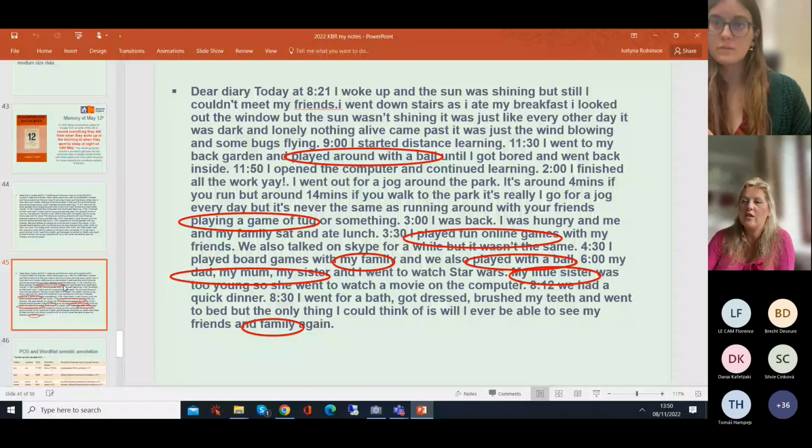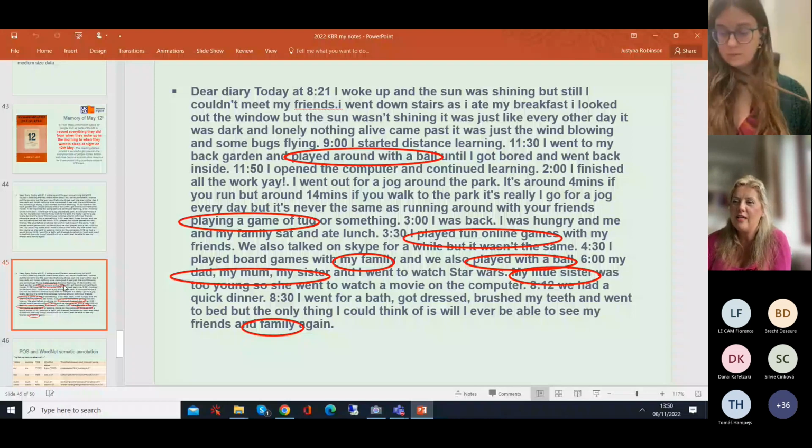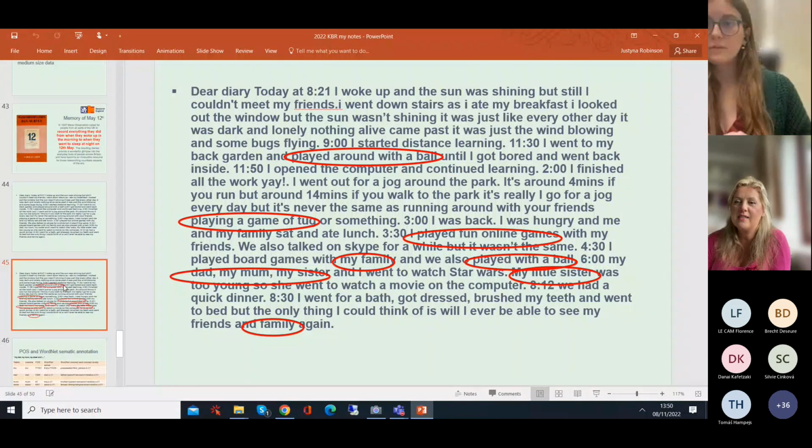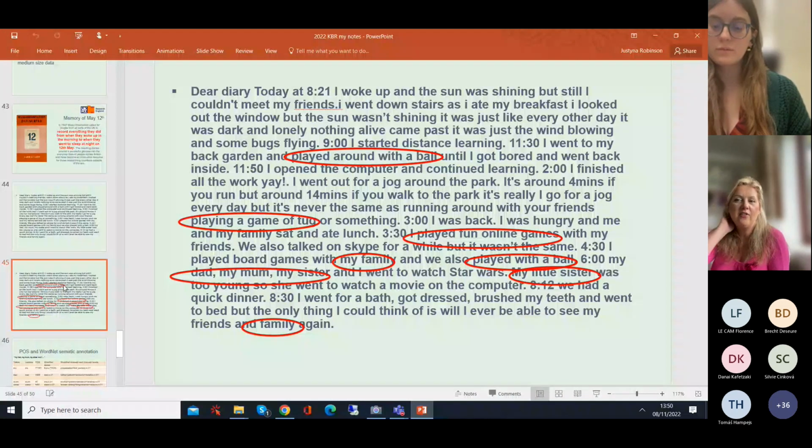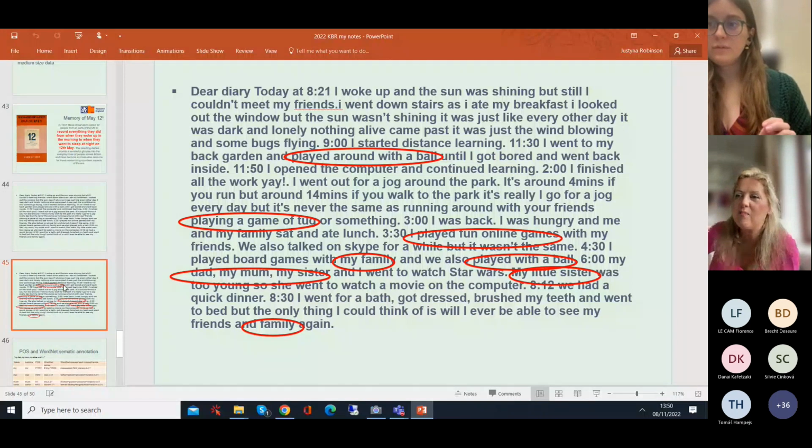So that person is talking about family members, which at the higher conceptual level belong to the same category. So you've got my family, my little sister, my dad, mom, my sister, and my family again. And also that person talks about different games and playing. So I'm playing a game of third, playing online games, and playing with a ball.